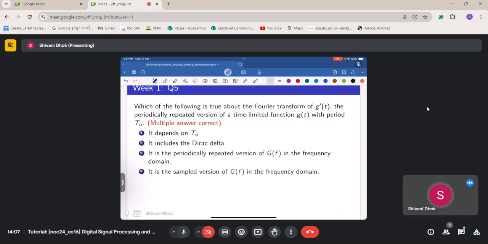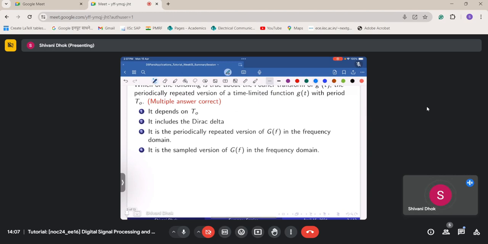This is a multiple answer correct question with four options. The first is it depends on T naught, the second is it includes direct delta function, the third is it is the periodically repeated version of G(f) in the frequency domain, and the fourth is it is the sampled version of G(f) in the frequency domain.